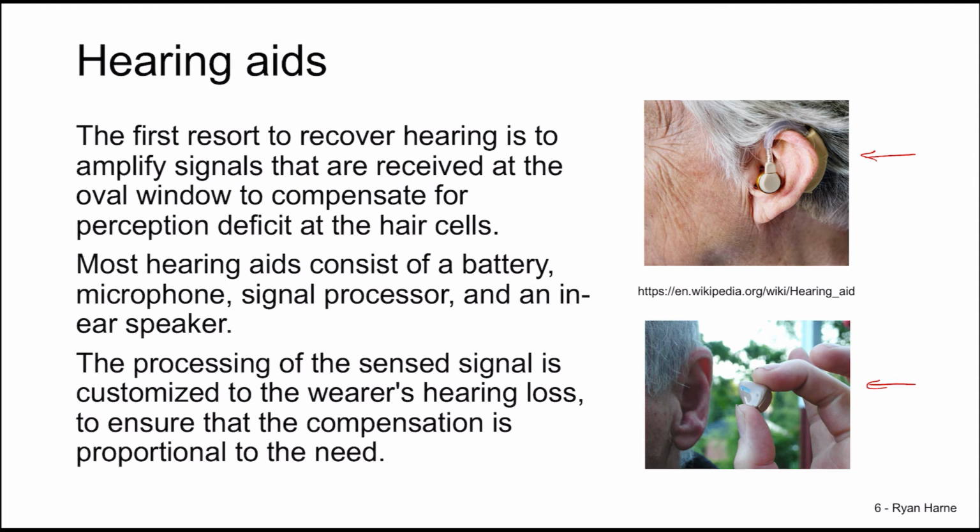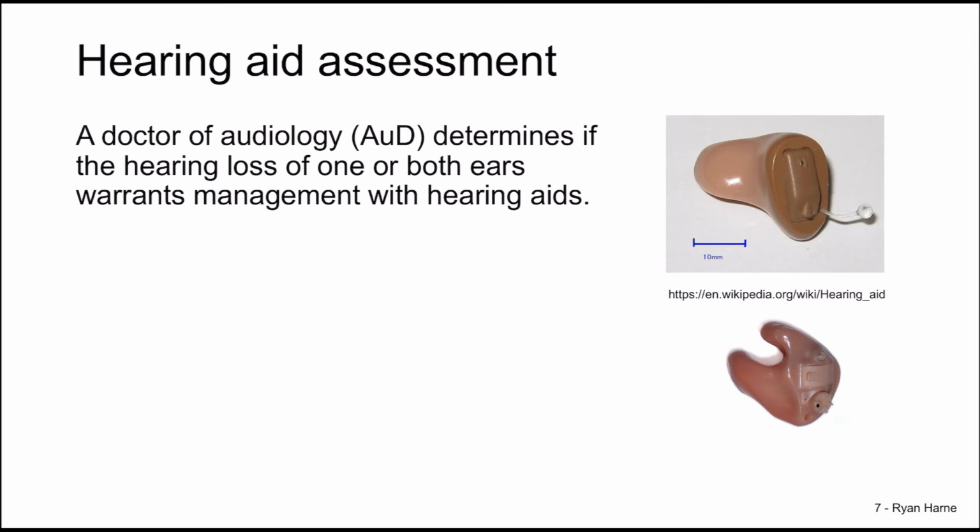The processing is customized to the wearer's hearing loss, and that's conducted in a medical office. And this ensures that the compensation is proportional to the need. A doctor of audiology, their degree is in AuD, determines if the hearing loss in one or both ears warrants the management of a hearing aid.